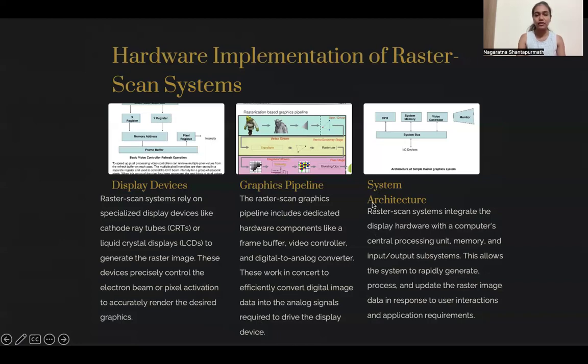Then the system architecture connects the display hardware with the computer, central processing unit, memory, and input output systems. This allows the system to rapidly generate, process, and update the raster image data in response to user interactions and application requirements.